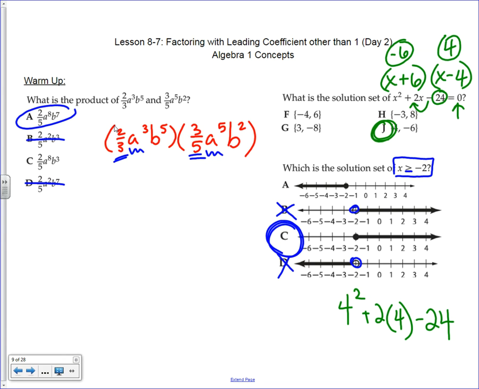Yeah, so what do you think would happen if I put the -6 in there? What happens? So folks, remember when I put a negative in there, I have to put it in parentheses, right? No. Did you type it in like this? You didn't type it in like this.